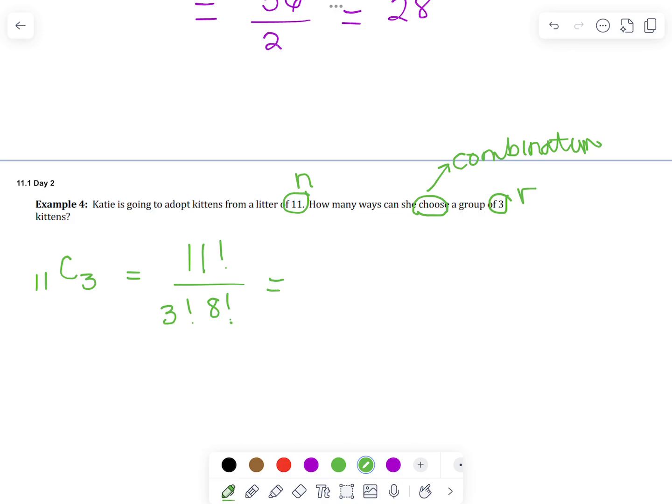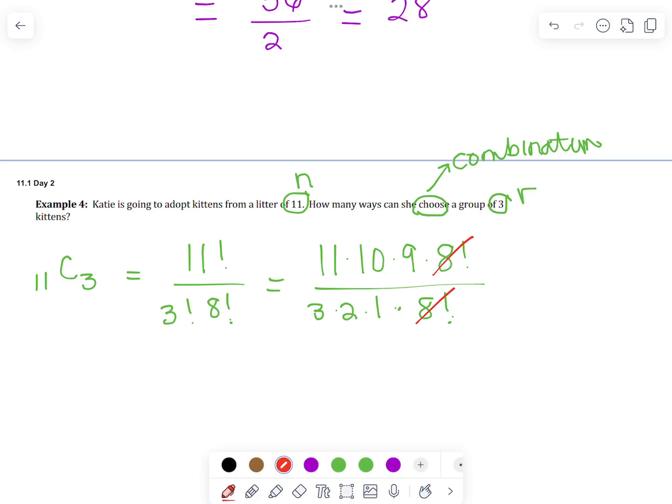And then we start to simplify. So expand 11 times 10 times 9, and then stop at 8 factorial. Expand 3 factorial as 3 times 2 times 1. And then we'll leave that 8 factorial in the denominator. Now our 8 factorials will cancel.